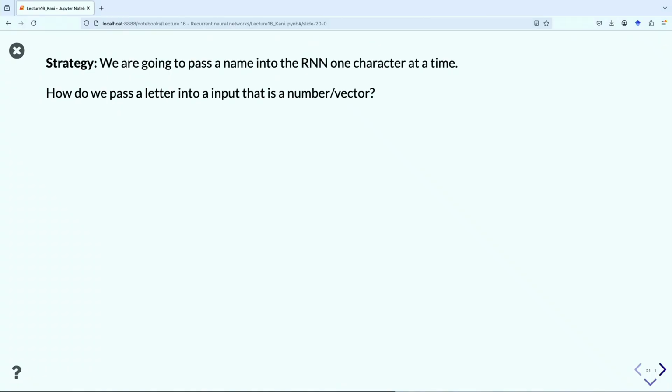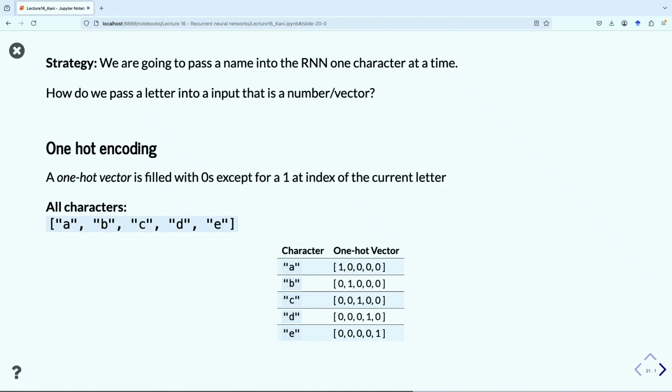So how do we pass a letter into a numerical construct? Well, there are multiple ways. We could embed each of the characters as a particular digit or embedding, or, more commonly, we embed the characters as what's known as a one-hot vector. I'm sure you've seen this before: it's simply a vector of zeros, except for the place that corresponds to a particular character.